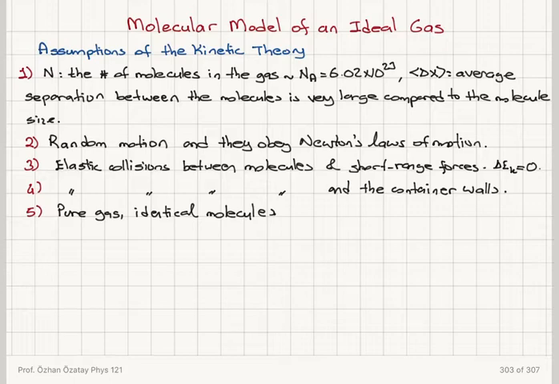And you can see that basically the picture that we're drawing here says that these molecules are like points. They are moving randomly inside a container. So we have a random direction for the velocity of each point.